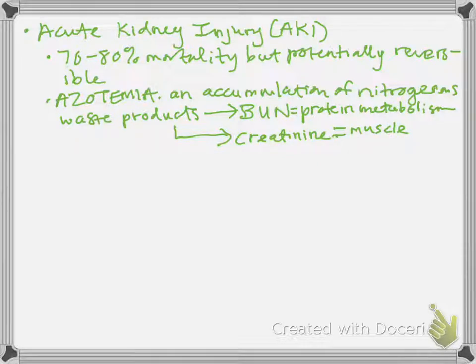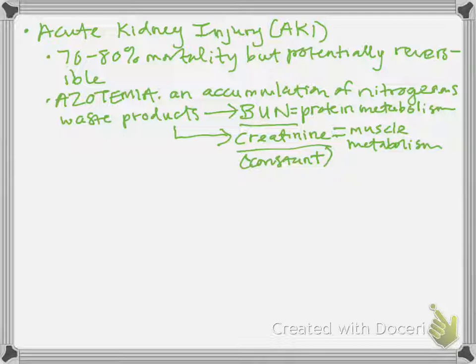So muscle metabolism results in this nitrogenous waste product called creatinine. If we exercise, or if we have any sort of muscular trauma, that creatinine is going to change, but it's usually pretty constant, as opposed to blood urea nitrogen, which is associated with protein metabolism.